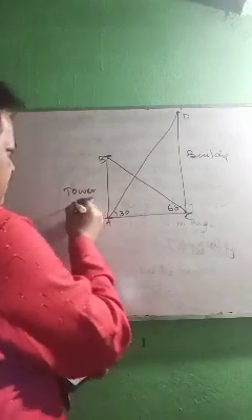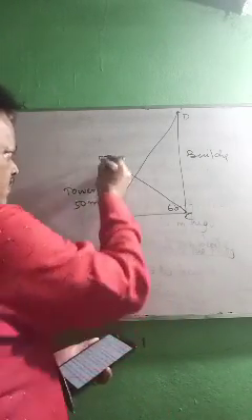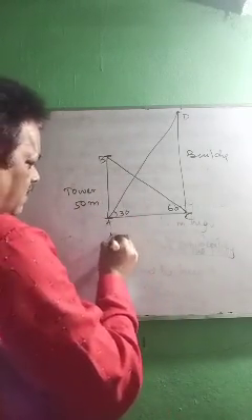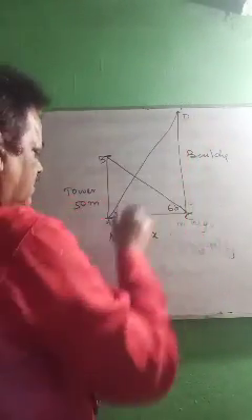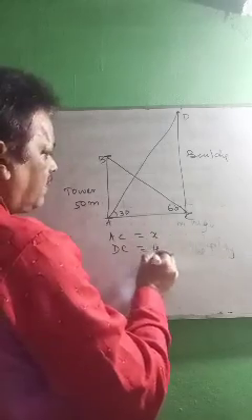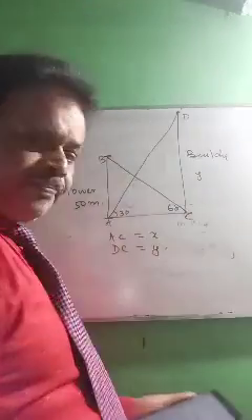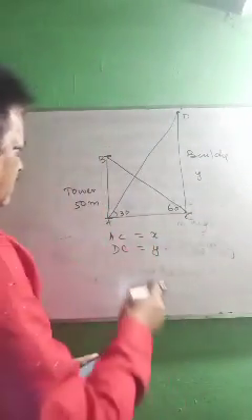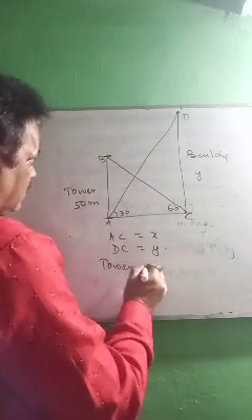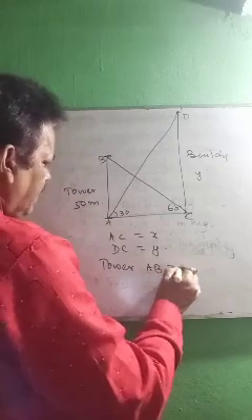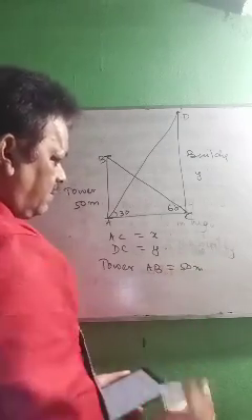Okay, this is given you 50 meter. So you can take AC equals to, suppose, X, DC equals to Y. This is your Y. Okay, then tower AB equals to 50 meter.